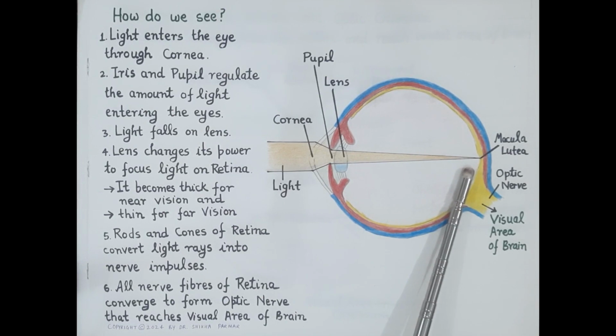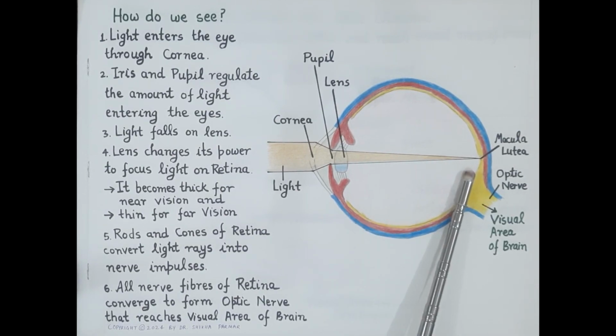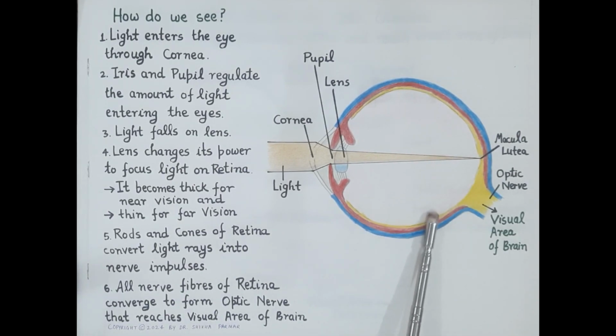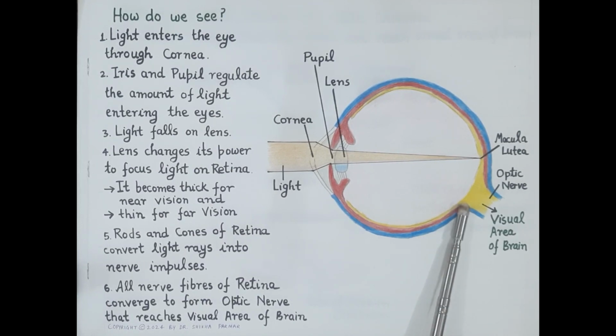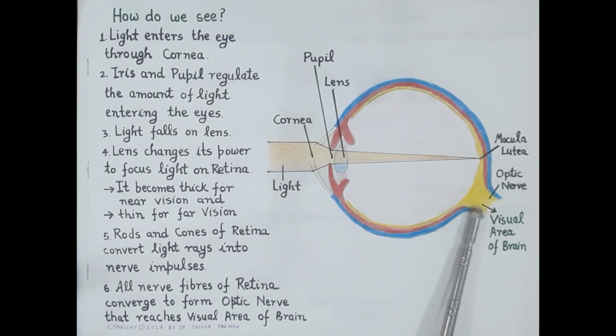Photosensitive cells, that is the rods and cones of the retina, convert these light rays into nerve impulses. These nerve impulses are collected by the nerve fibers of the retina, and all the nerve fibers of the retina converge to form the optic nerve. As you can see here, this is the optic nerve.